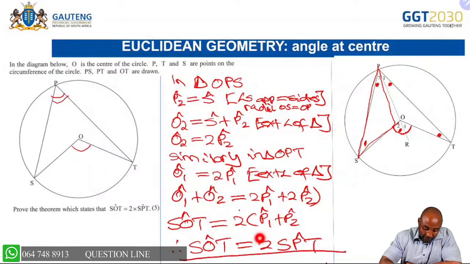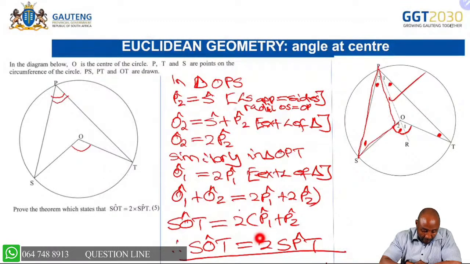Again, others use variables x and y to do the proof, so it's up to you what you are comfortable with. It works, but the most important thing is to use the diagram effectively. So the first one, for construction, is the first mark.